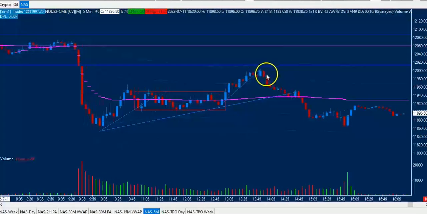And so what we end up with is essentially an entry trigger here. Price doesn't quite make it up to the value area low, which I will also say right now, trying to put your entry at these specific levels is essentially a fool's errand, right? Never is the price move perfectly from one level to the next.